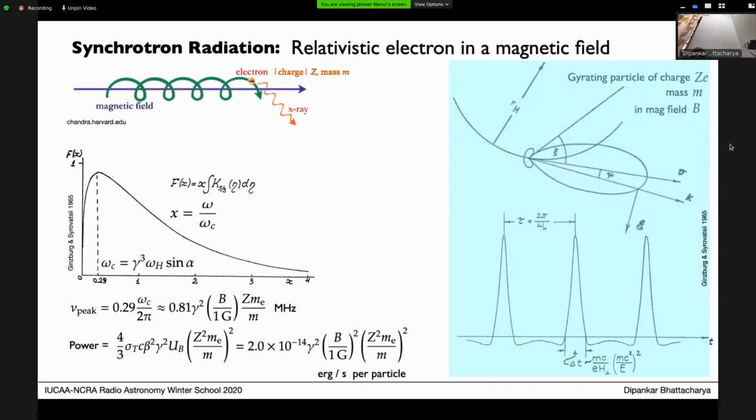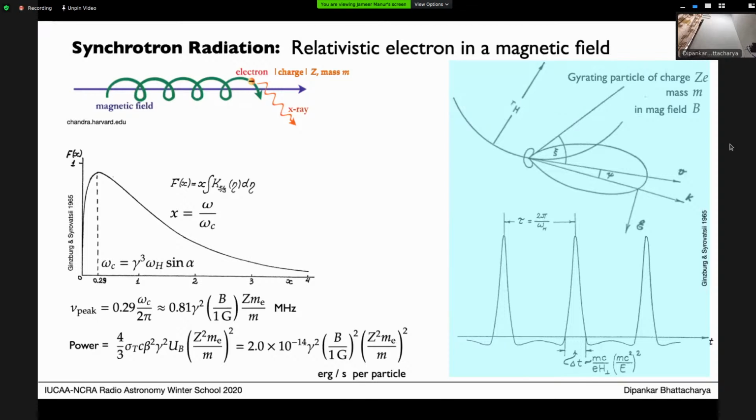So the peak frequency here would be 0.8 gamma squared megahertz for an electron in a 1 Gauss field. As you can see, with substantial values of gamma, let's say 100 to 1000 to a million, you can start producing the peak emission at high, observable frequencies.